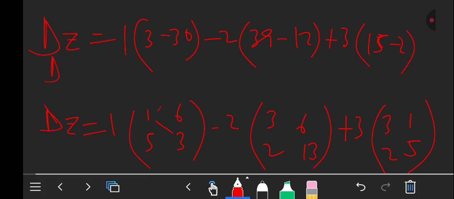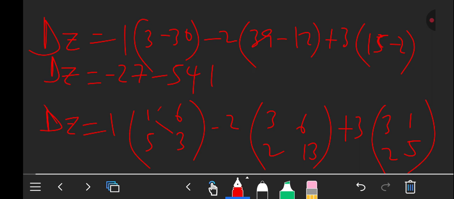So determinant of z will be equal to 1 multiplied by, that is 3 minus 30, that is 27, which is negative 27. So 1 times negative 27, that is negative 27. Then here we're going to have 39 minus 12. 39 minus 12, that is 27. So 27 multiplied by negative 2. And that will give us negative 54.